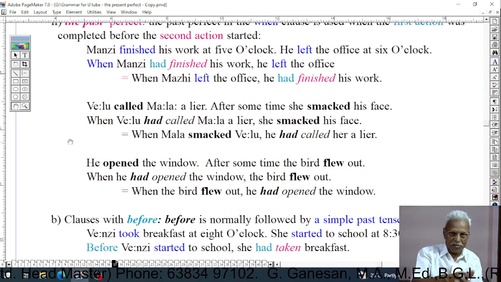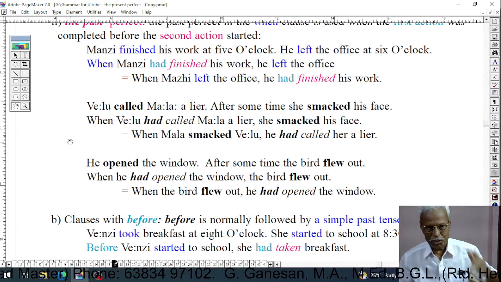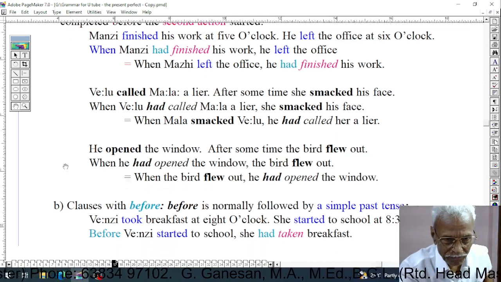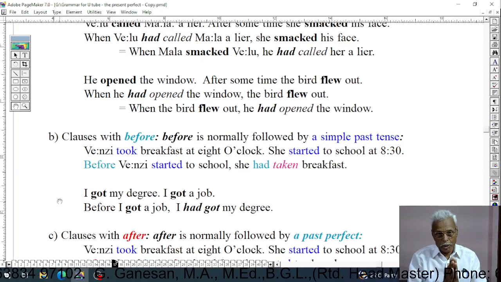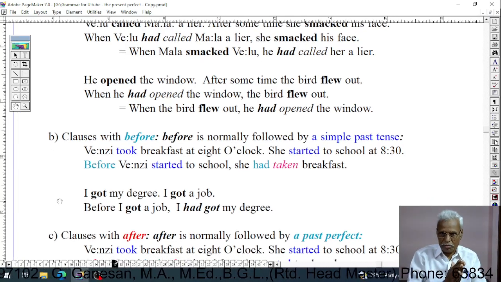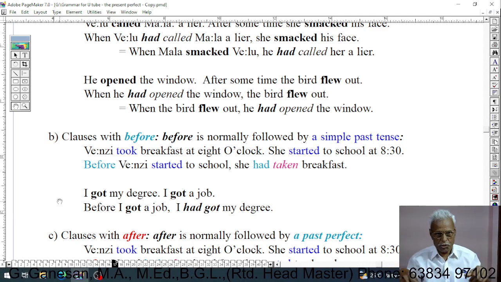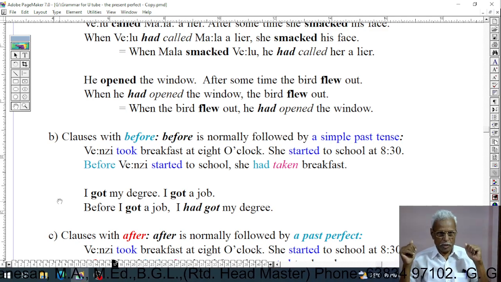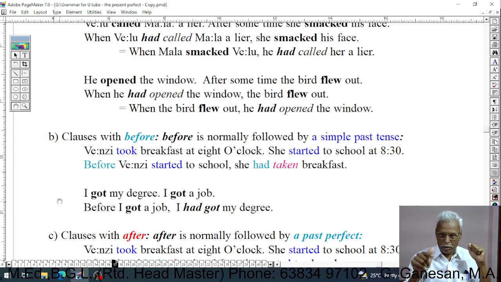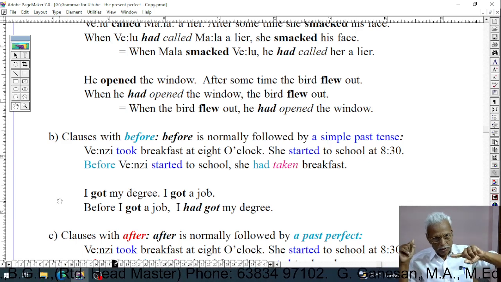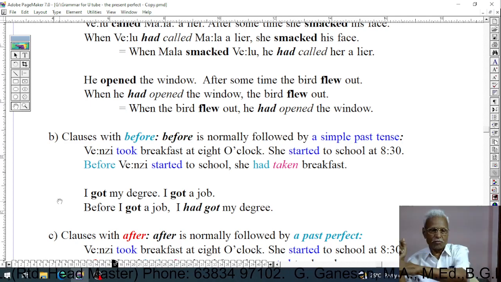The second action in the when clause and the first action in the main clause. He opened the window. After some time, the bird flew out. Both simple past. In a time clause: when he had opened the window, the bird flew out. Or when the bird flew out, he had opened the window.